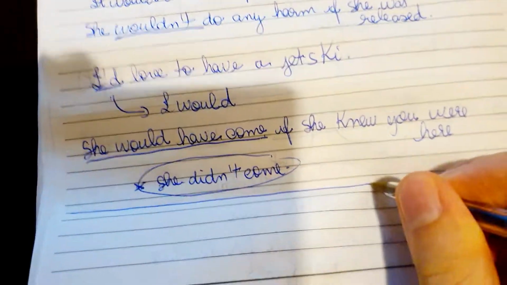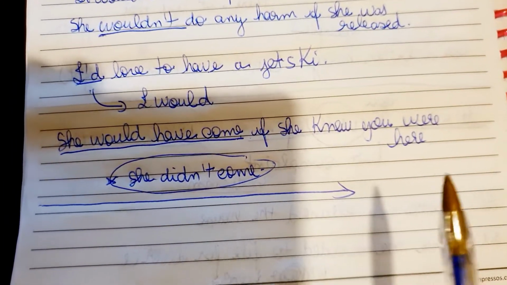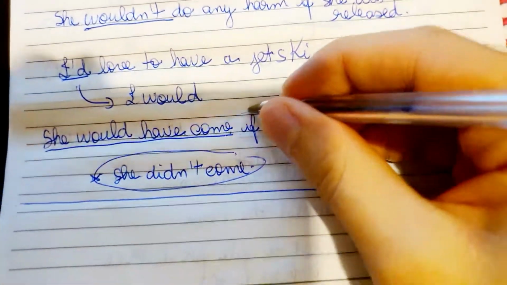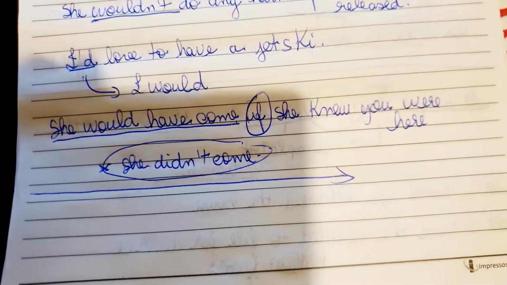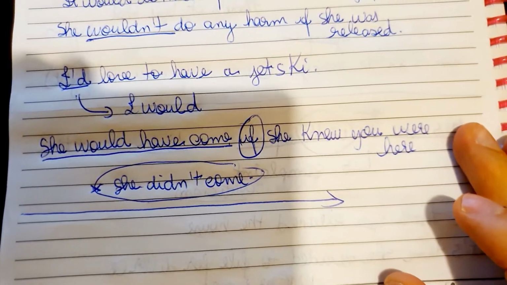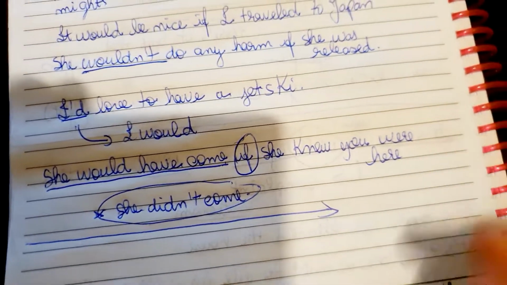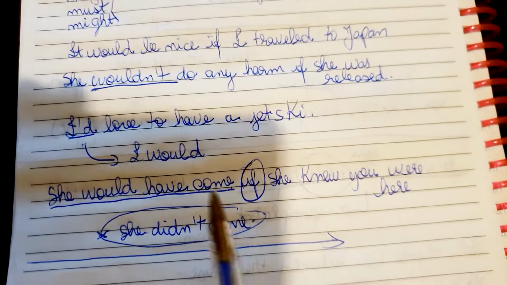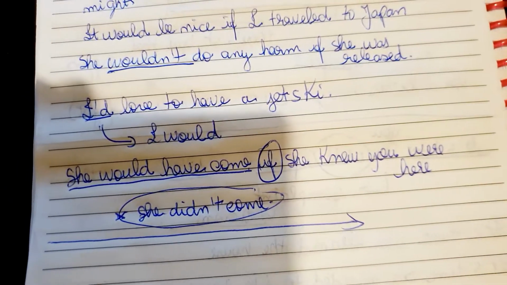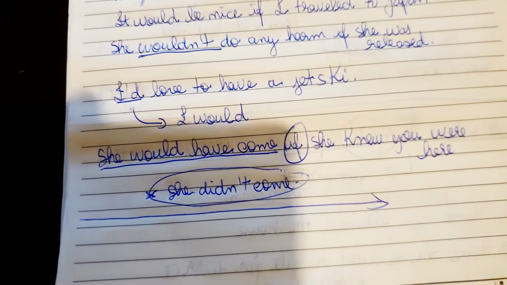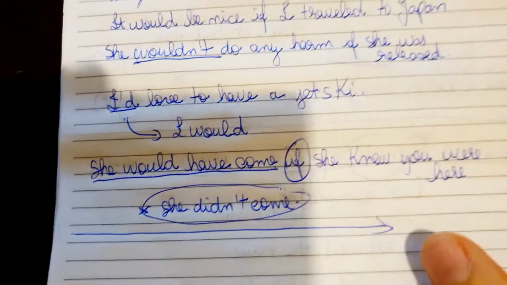If you draw the timeline here, you realize that she didn't come. But there is a condition. If she knew you were here, she would have come. Okay, so it's very common to use this verb tense to imagine how things could have been different if something else happened, okay?